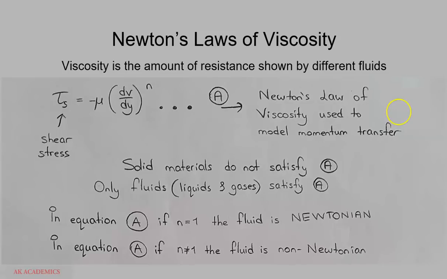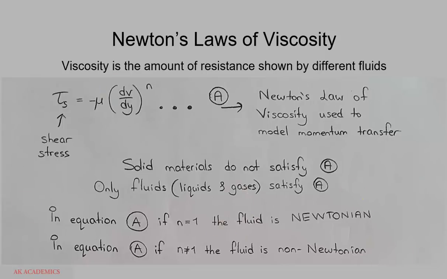We will continue from where we stopped in our discussions on Newton's laws of viscosity. We had earlier mentioned that viscosity is the amount of resistance shown by different fluids.